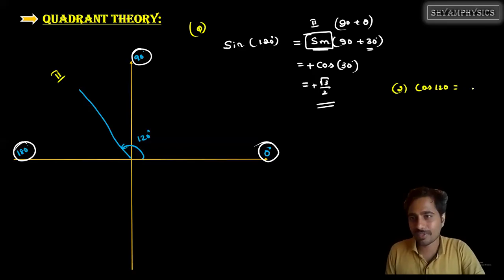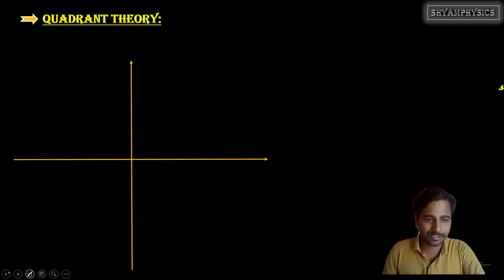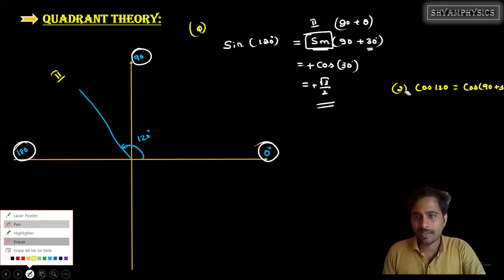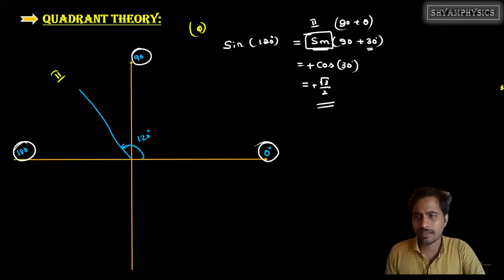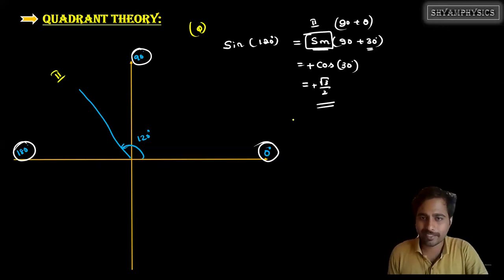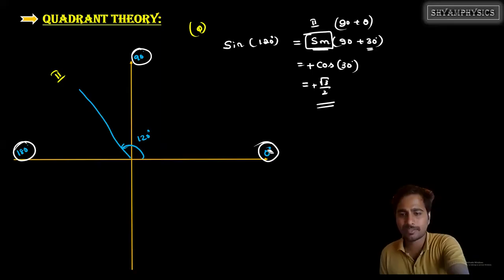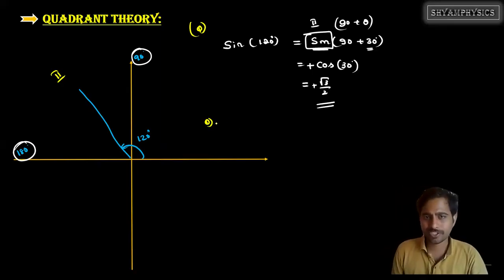Actually, cos 120 is written as cos of 90 plus 30. It is not having proper space here, so I'll rub this out and write better. The question is cos 120 degrees.